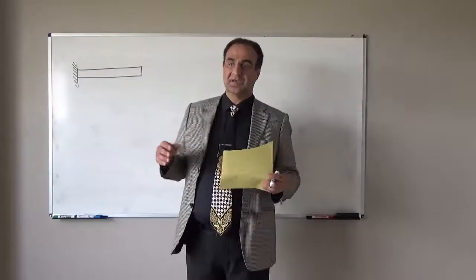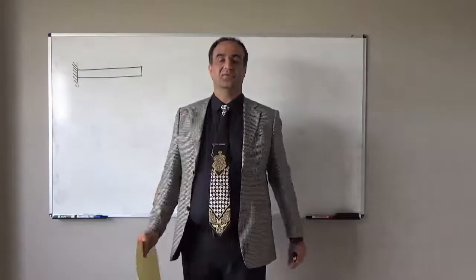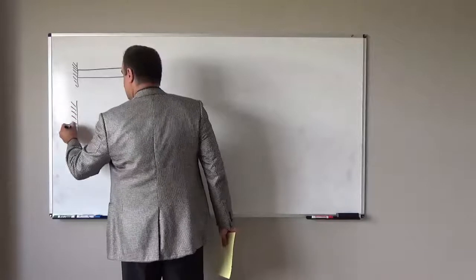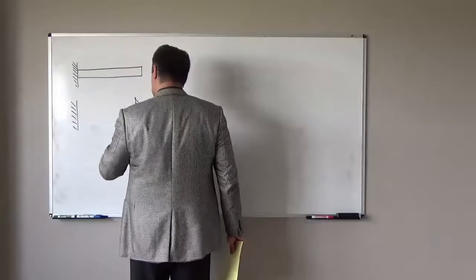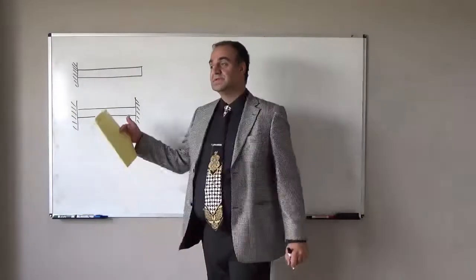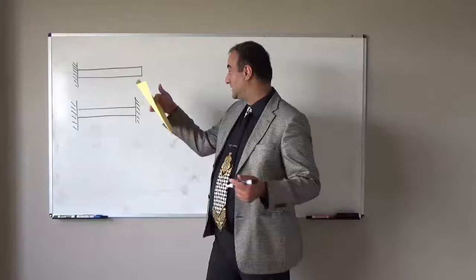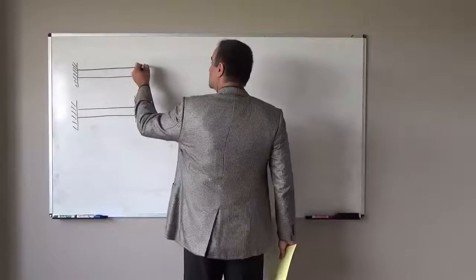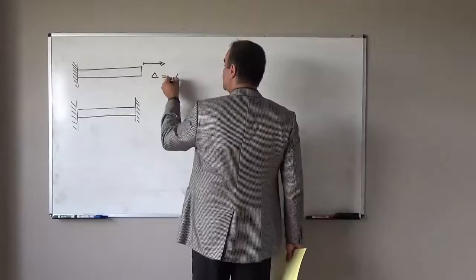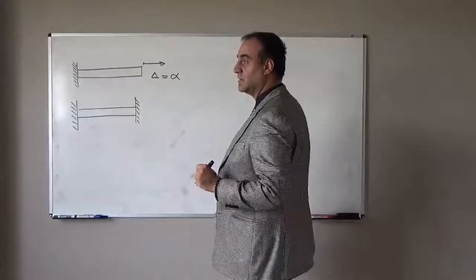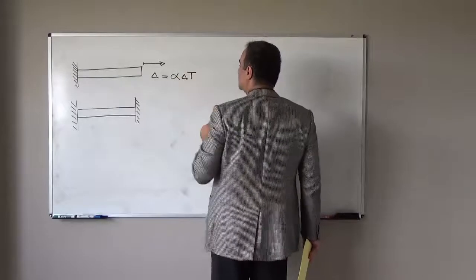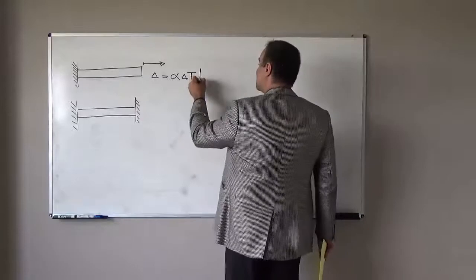But in some situations, the structure is not free to deform. For example, this rod, if I fix it between two supports and increase the temperature, the rod wants to deform. If it is free, deformation will take place, and the deformation delta will be alpha, the thermal coefficient of expansion, times delta T, the variation in temperature, times L, the length.